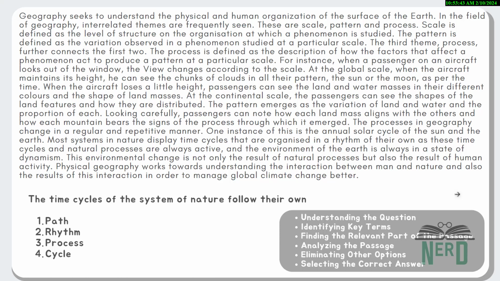Then our next step is finding the relevant part of the passage. We scan the passage for mention of time cycles.